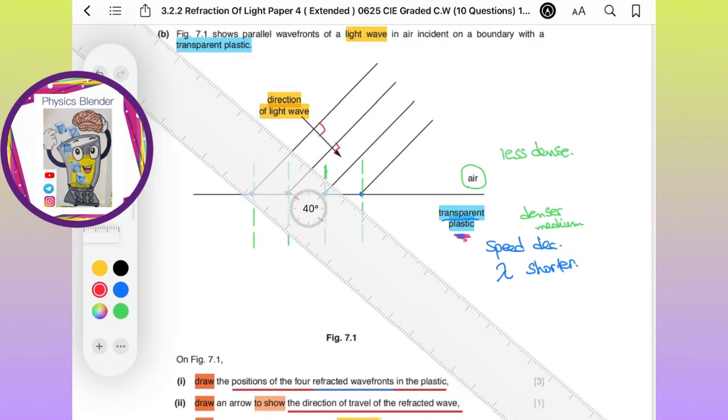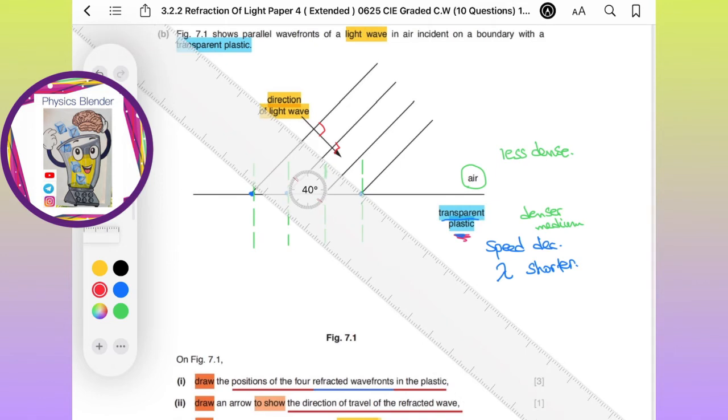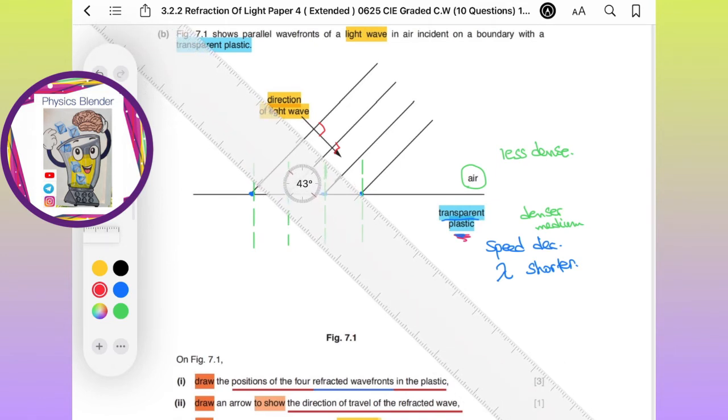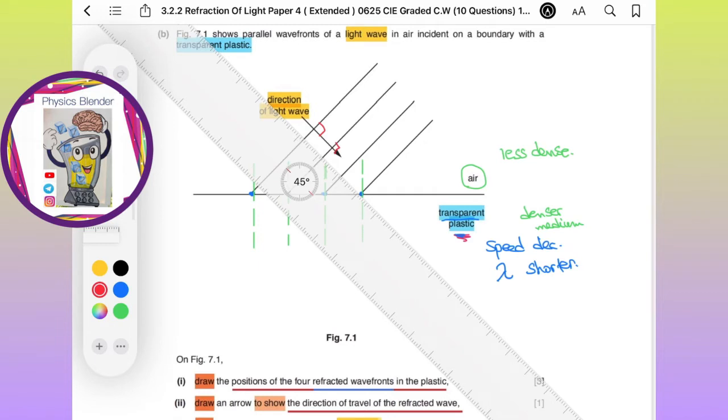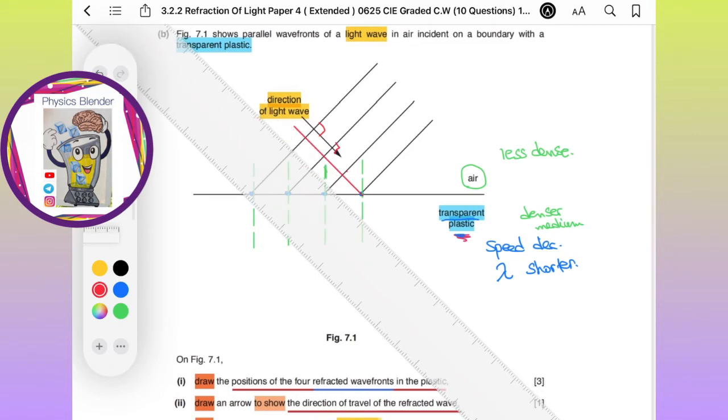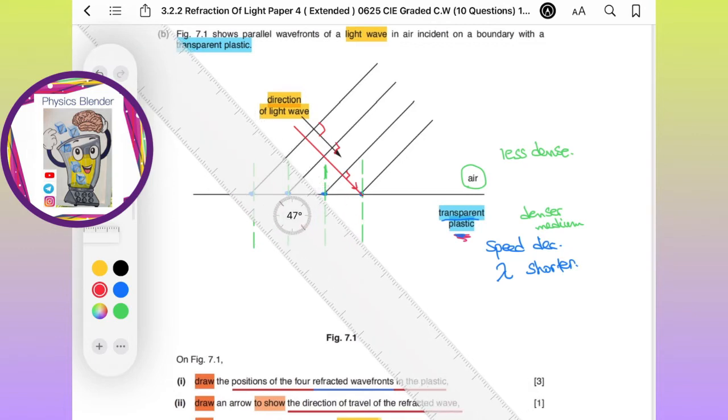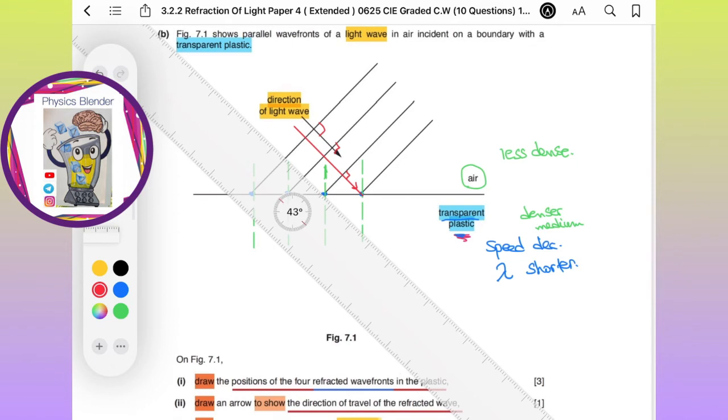So if I draw the direction of light wave at the first point, it should be parallel to the one you have in your diagram. If I draw this, make sure it's perpendicular to wavefront. So this is the first one. And you can draw also the second one parallel to the first one.